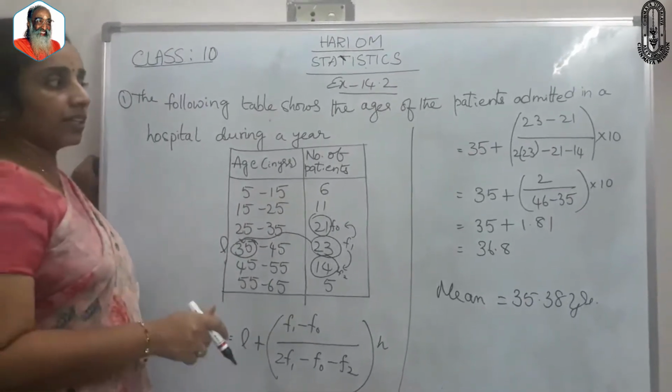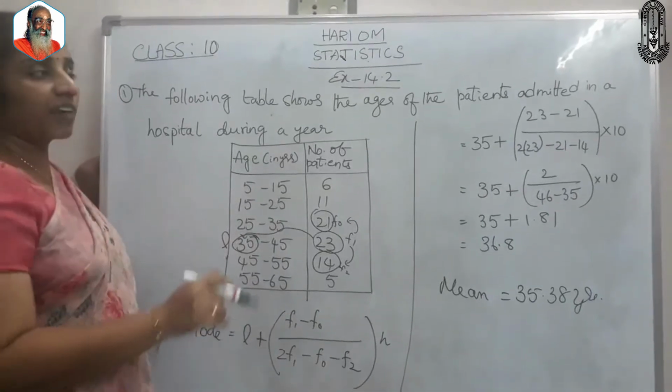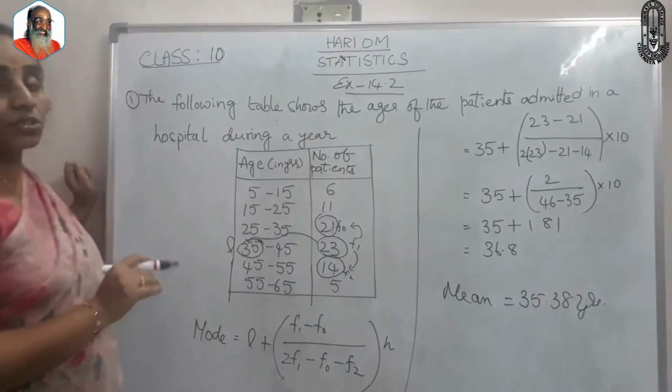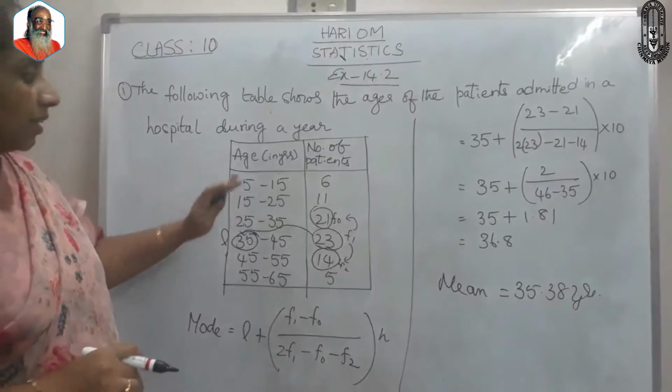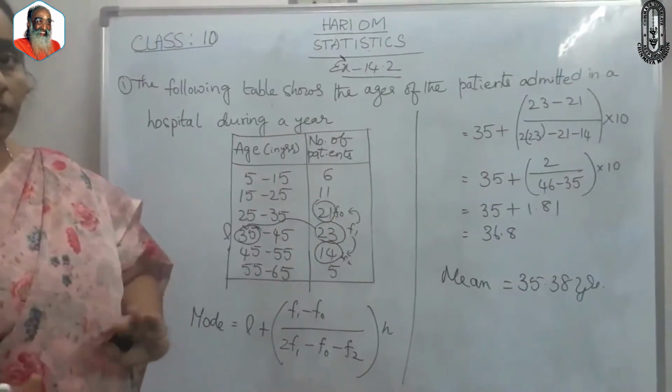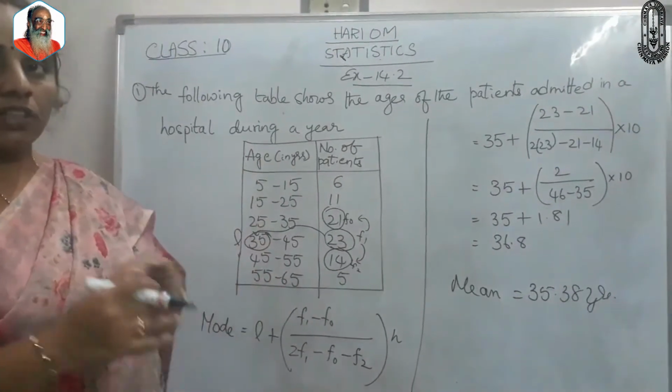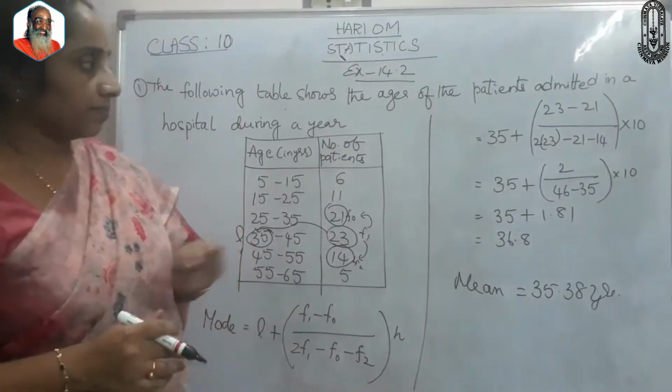That is why I asked you to find the mean in the assumed mean method. If the class intervals are not equal throughout the table, then we can go for the deviation method.